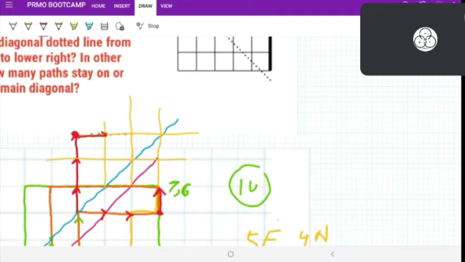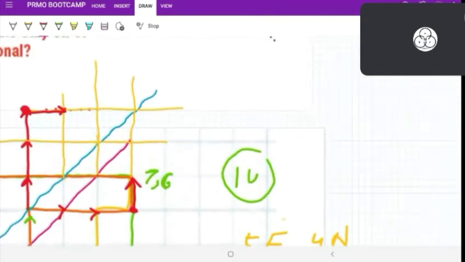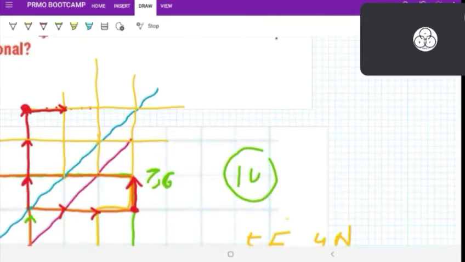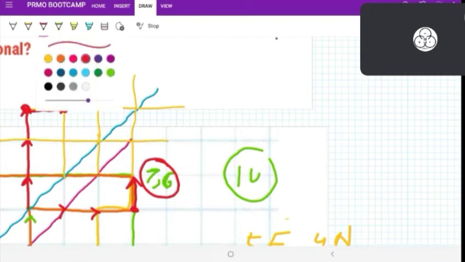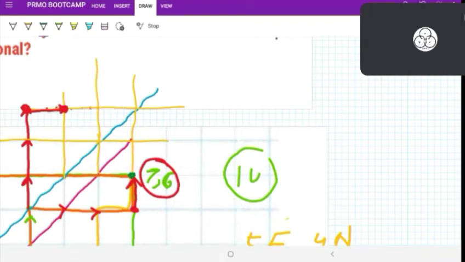If we observe one thing, the reflection of 7,6 is this point. It is our destination. Let me mark it with green. It's our destination about the blue line.